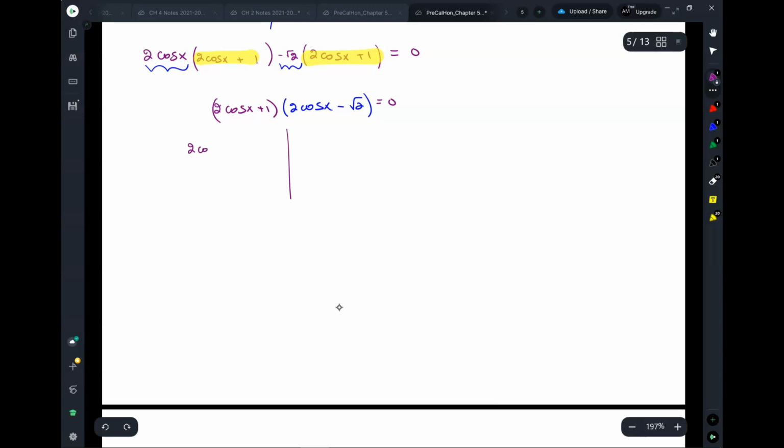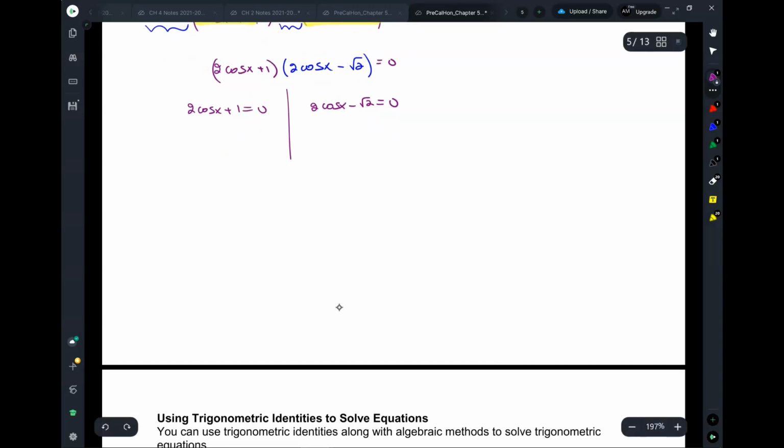So 2 cosine x plus 1 equal to 0. 2 cosine x minus root 2 equal to 0. Okay, so let's go ahead and solve these. All right, I'm going to race you to them, and then I'm going to come and check.